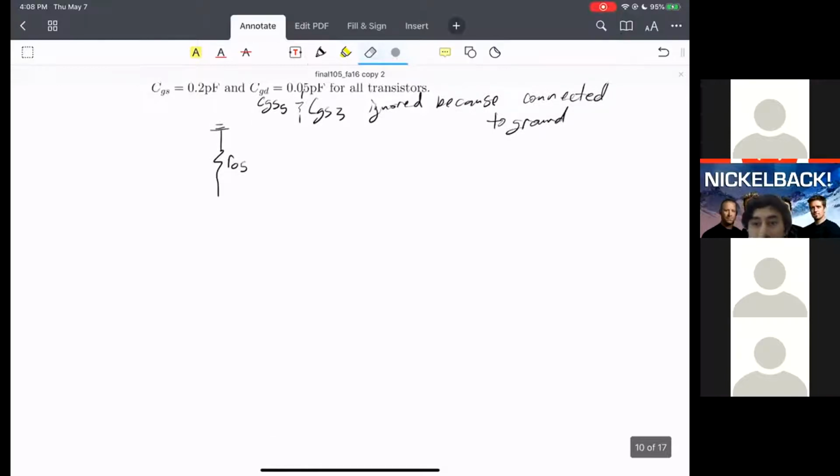So now we just need to take into account the CGD parts. So this is CGD of 5, and this is CGD of 4.